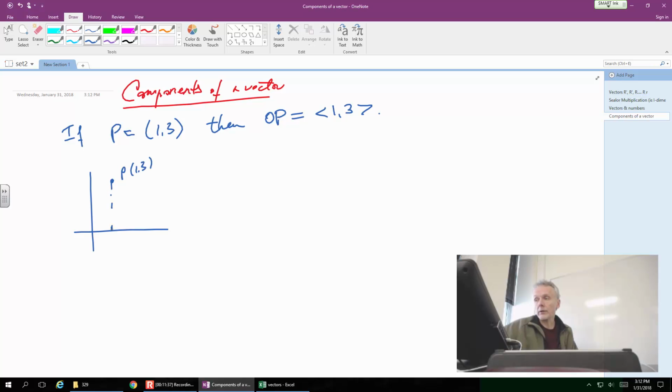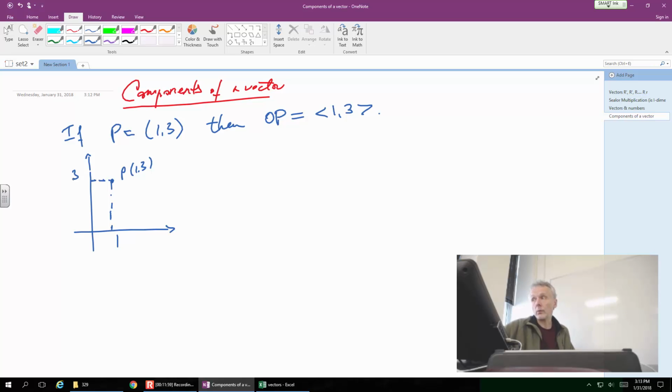Okay, and it doesn't really matter. If we understand points, then we can use that understanding to understand vectors. We understand the relation between points and pairs of their coordinates, right? So this is 1 and this is 3. That's the meaning of the coordinates of point P, (1, 3).